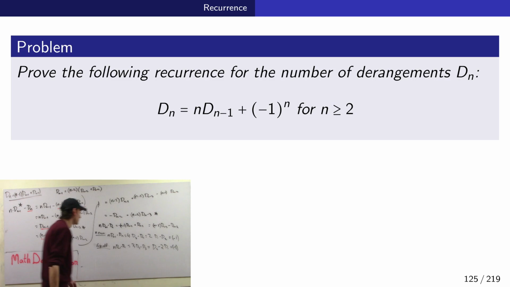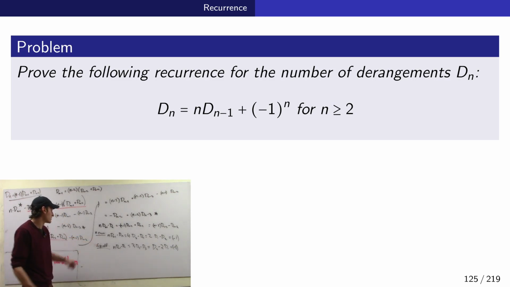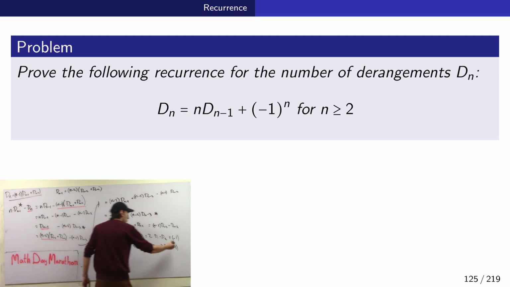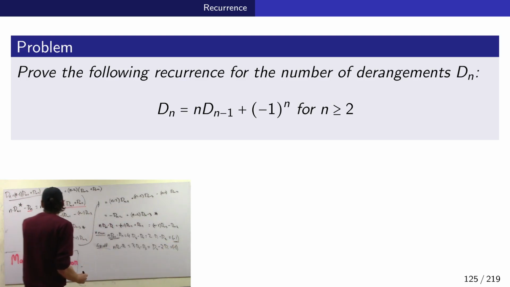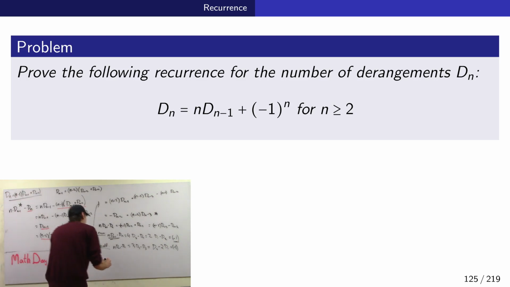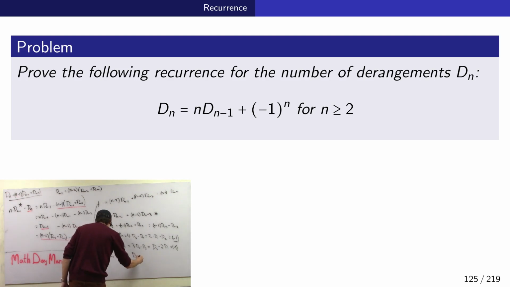Okay, so what does this mean? When n is even, I'm going to take this first piece. This thing over here is equal to negative 1. All right? So when n is even, negative d sub n equals negative n times d sub n minus 1 minus 1. Multiply this by negative 1, and you get d sub n equals positive n times d sub n minus 1 plus 1.